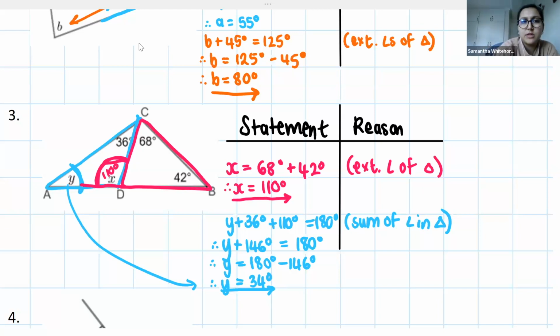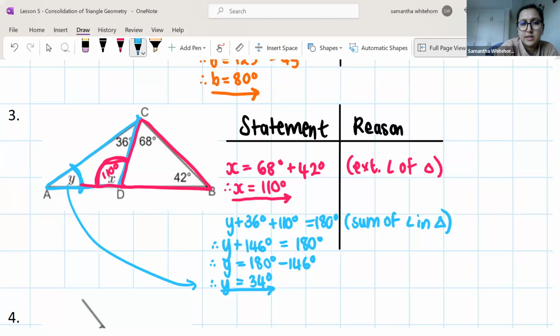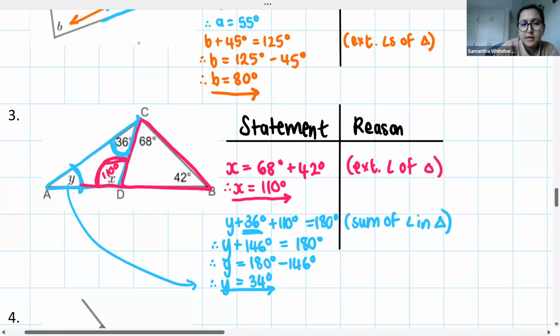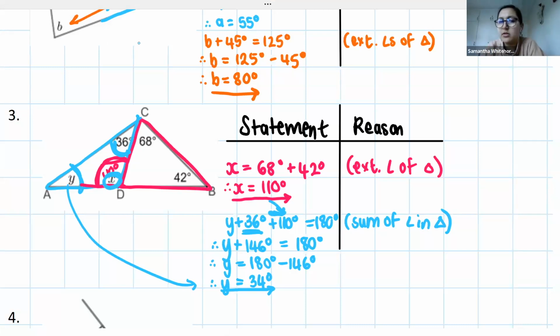This isn't 360 degrees, this is 36. It's the 36 up here. And then the 110 I got from my answer in X. So because I'd already worked out X, that's the third angle of my triangle. So I could use it because I've worked it out. Oh, okay, ma'am. Thank you. No problem.